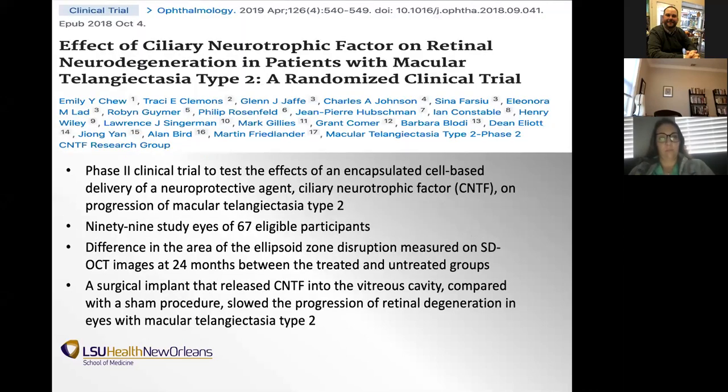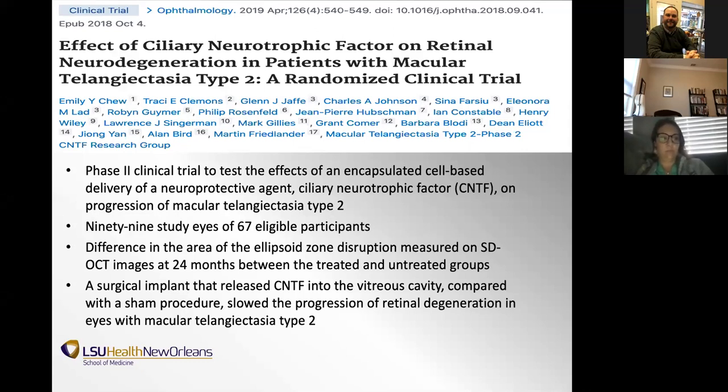This is a phase 2 clinical trial looking at ciliary neurotrophic factor in the vitreous of patients. A surgical implant that releases CNTF into the vitreous cavity could potentially slow the progression of retinal degeneration in eyes with MacTel type 2.